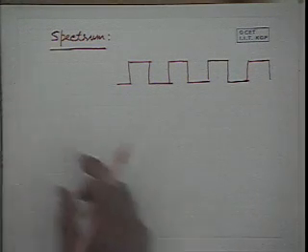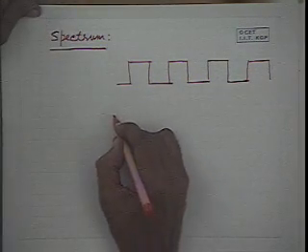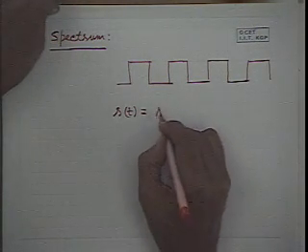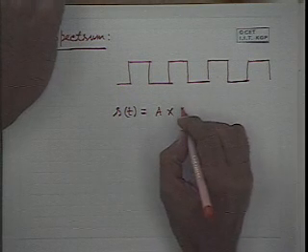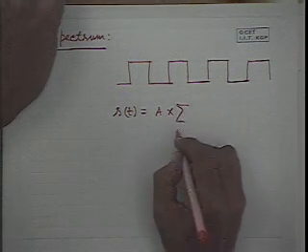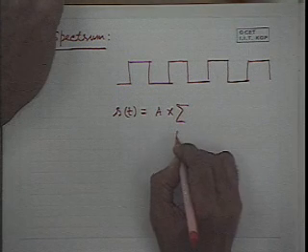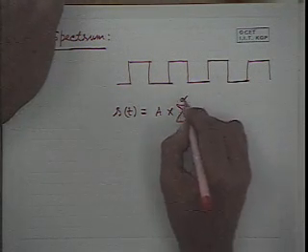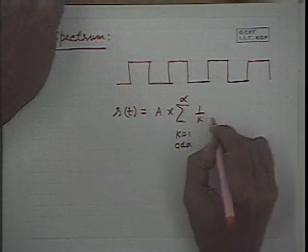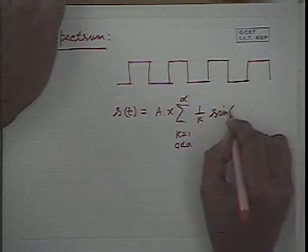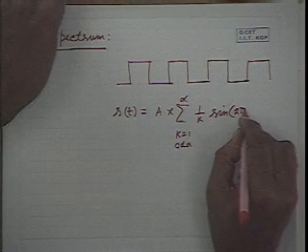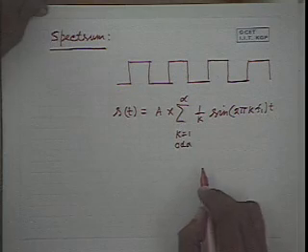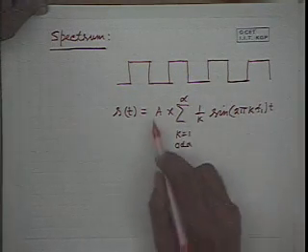This particular square wave can be represented by S(t) is equal to A into, this is the amplitude, the summation for k equal to 1, k is always odd, to infinity, of 1 by k into sine twice pi k f1 into t. What does it mean?